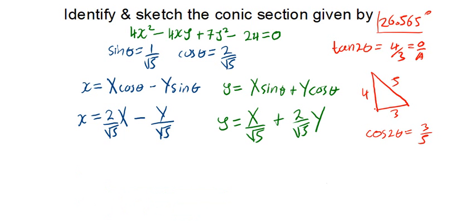But in this case we have 4 over 3 and we don't know what that is. Then try to use half angle identities to come up with what your sine and your cos are.